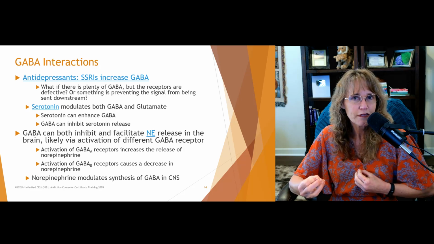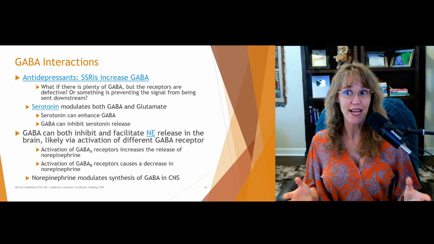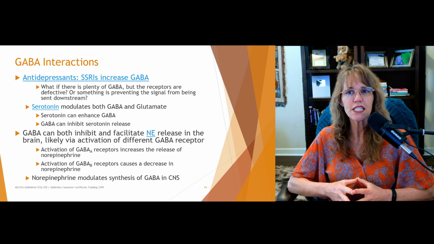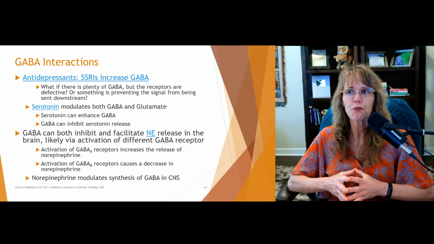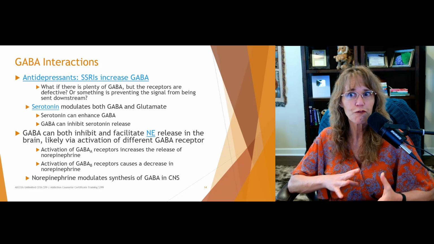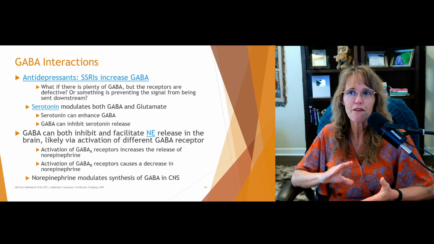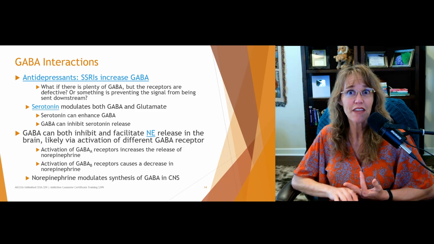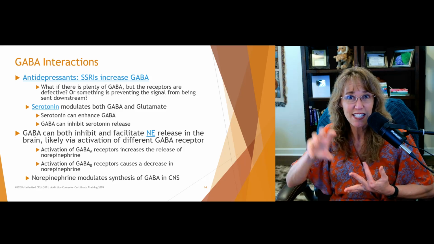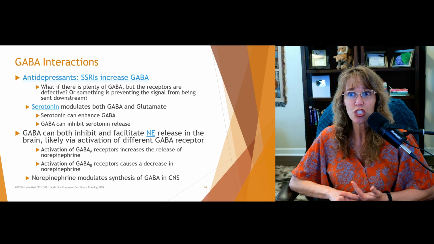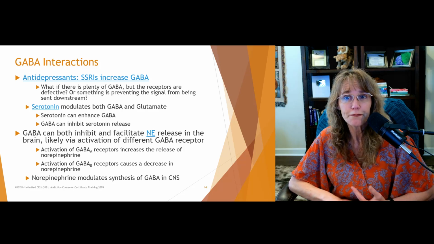What if the person who is depressed has plenty of GABA, but the receptors are defective, or something is preventing the signal from being sent downstream? What if they have plenty of serotonin? They have plenty of GABA, but it's something else that's amiss. Then when they start taking the SSRI, they may actually start feeling worse.